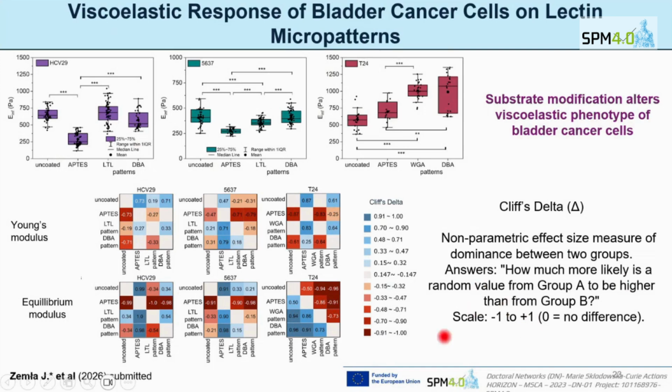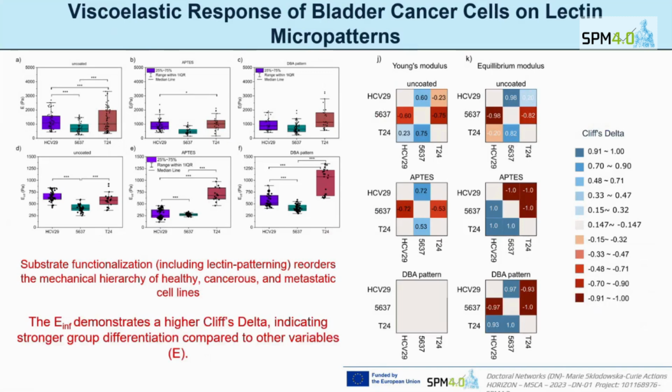So if we have values here close to 1, that means that those distributions are totally separated. And it says that this parameter allows us to distinguish between two cell lines, between two cancerous cell lines.